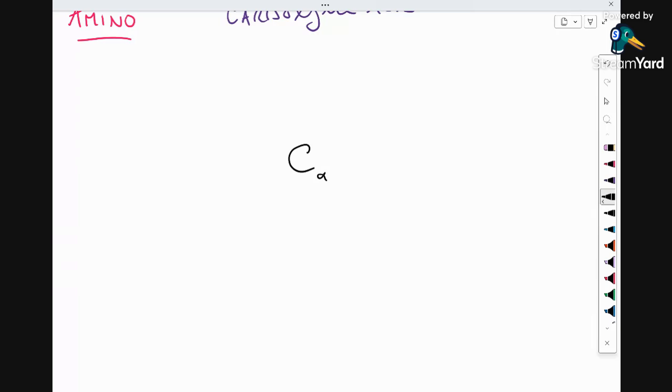So connected to this carbon, we need to draw our carboxylic acid group, which I'll do in blue. There we go. The other side, we're going to draw our amino group. So I'll do that in red. There we go. And then we have a hydrogen. I'll just do that in black.